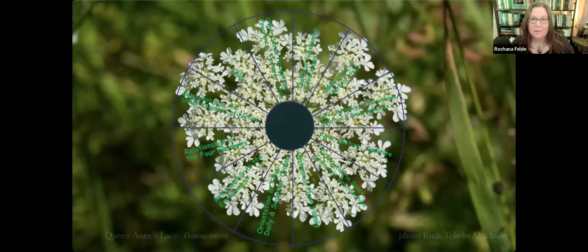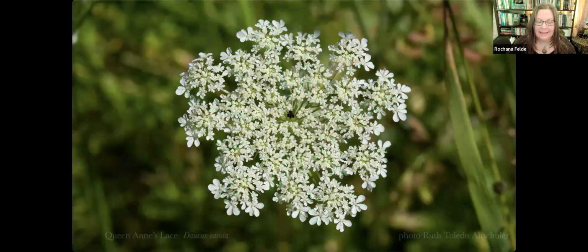What I'm going to do is talk about Queen Anne's lace, this beautiful flower that most of you have probably seen. And the intention is to go through all 12 windows of plant perception with one flower.